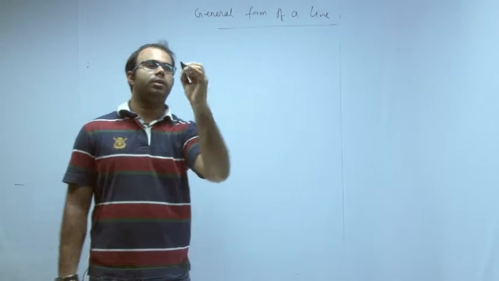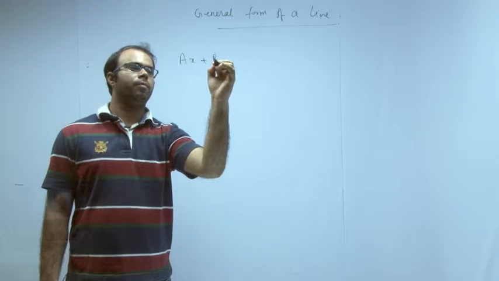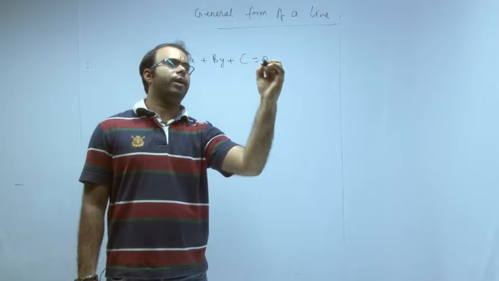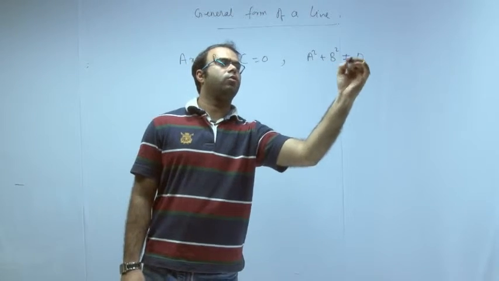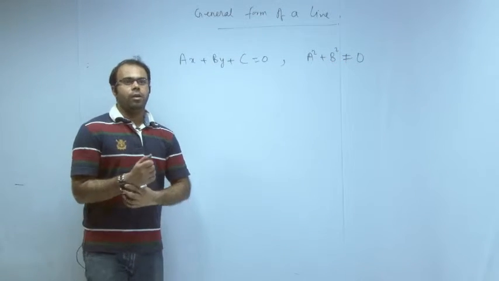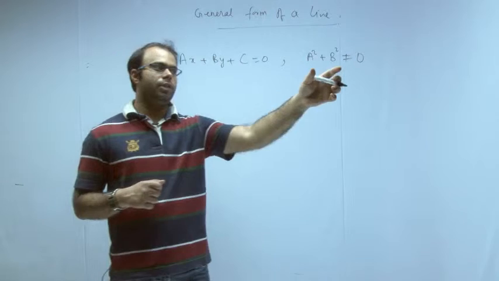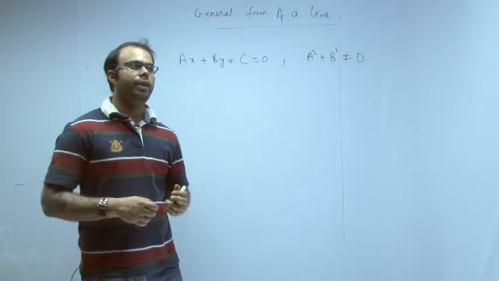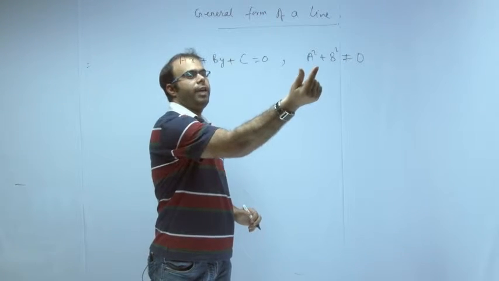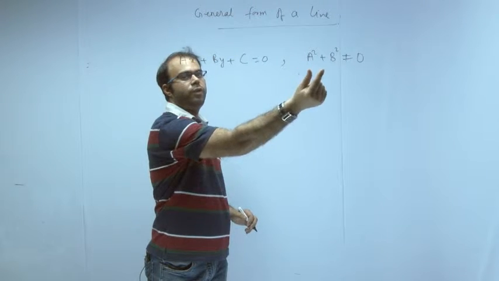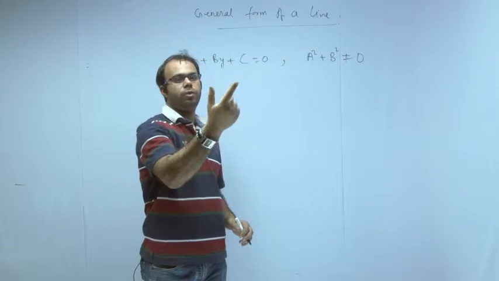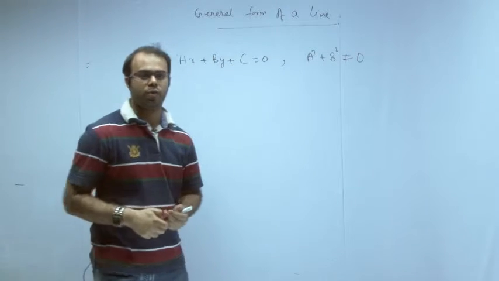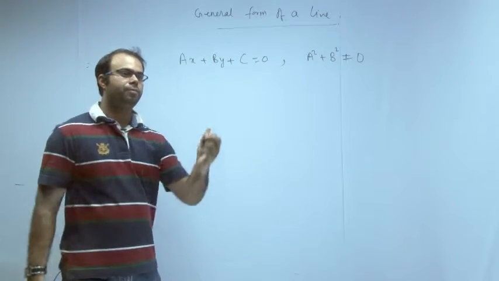Ax plus by plus c equal to 0, where a square plus b square is not equal to 0. This condition is important, because if we take a square plus b square equal to 0, that means a, b are individually 0, and if these two are 0, then c must also be 0, then 0 equal to 0, that is not equation of a line, that will be an identity.